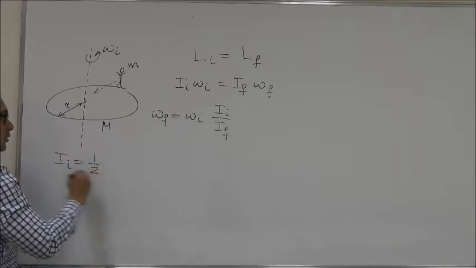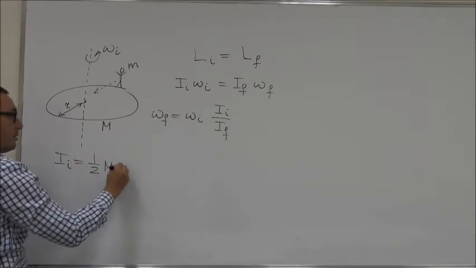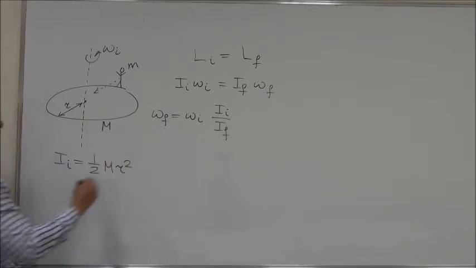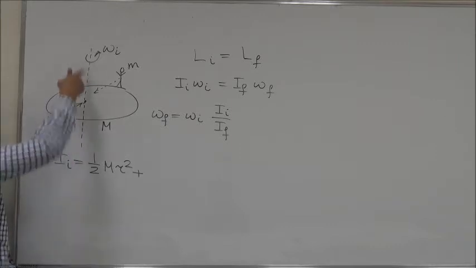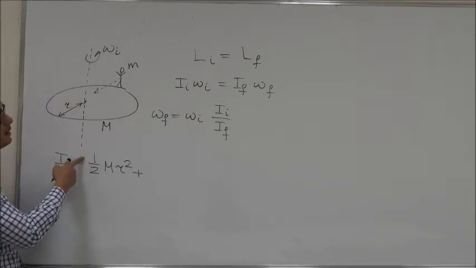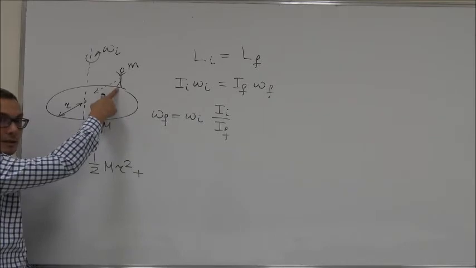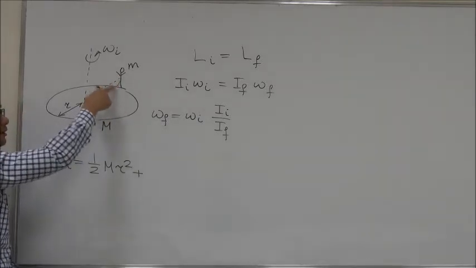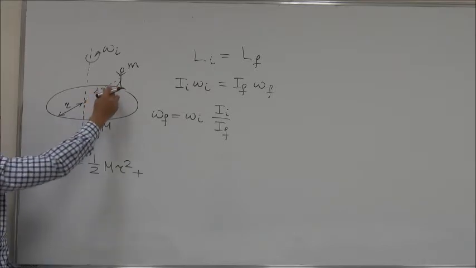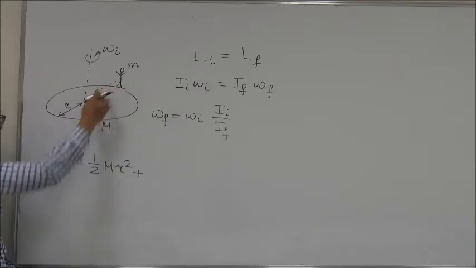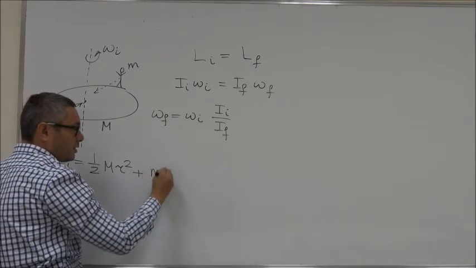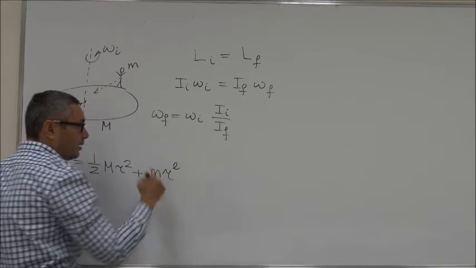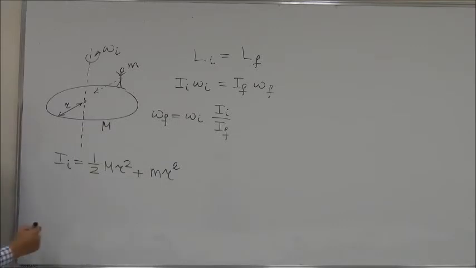So this is equal to 1 over 2 big M r squared plus the moment of inertia of the person with respect to this axis. Now initially the person is right at the rim of the disk, which means that if you think of the person as a point mass, you have a point mass at the distance r from the axis, so the moment of inertia is equal to simply m r squared, where m is the small m mass of the person.